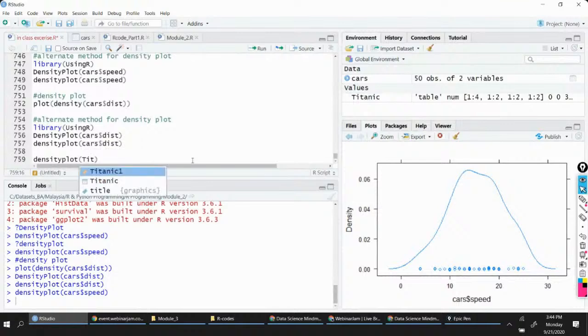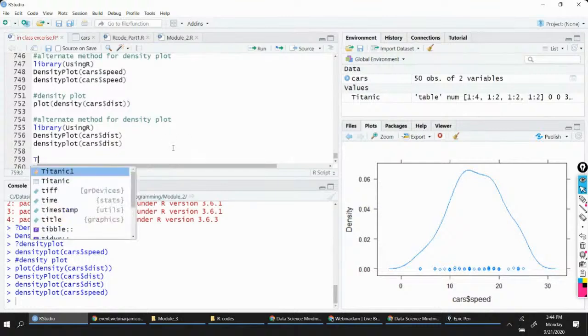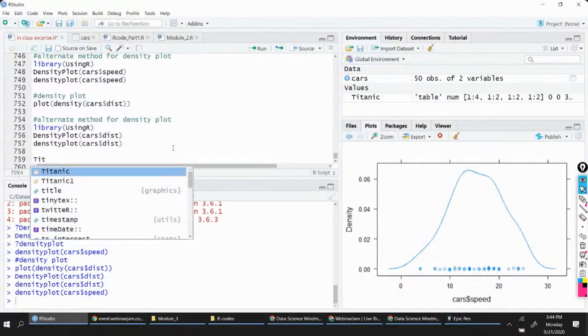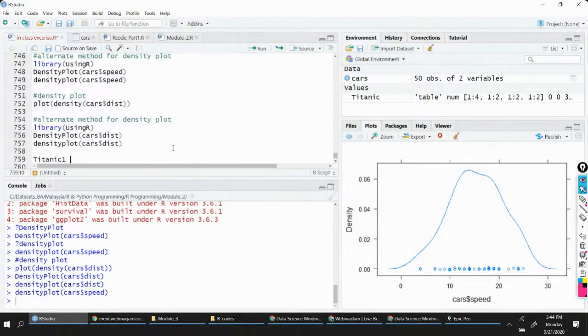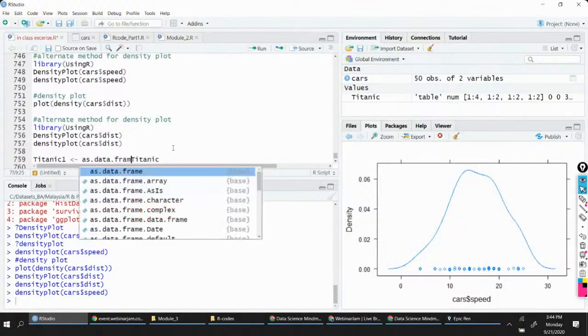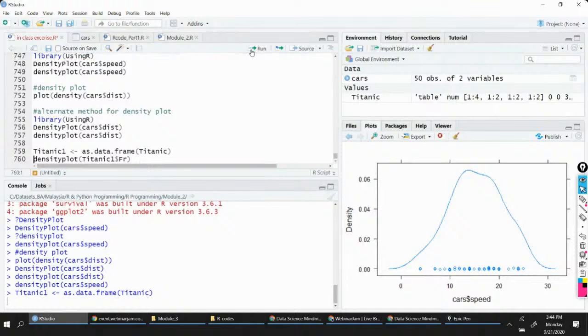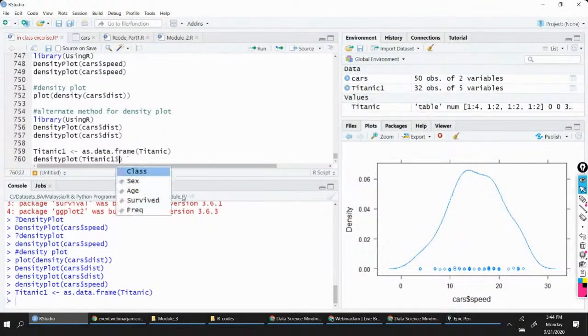Titanic dollar, let's say frequency. Okay, I have to convert the Titanic. I'll have to convert this as data dot frame. Yeah. Now if I say Titanic $ frequency, it's a continuous data.